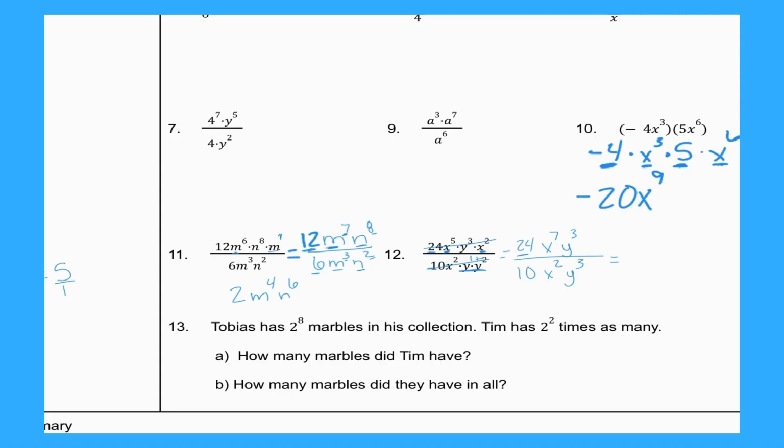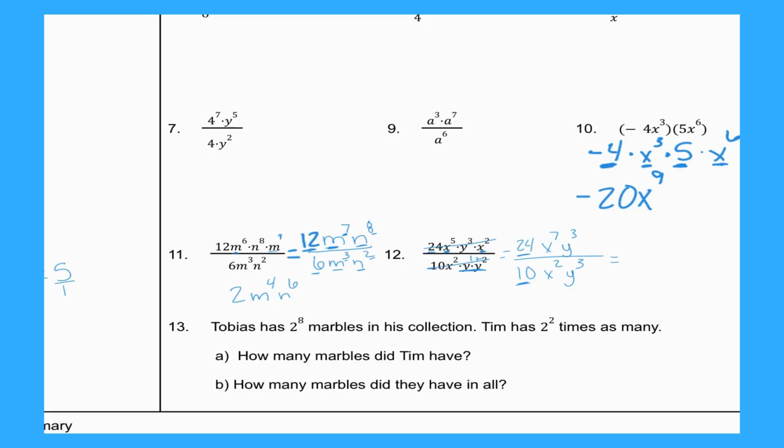So I have a base of 24 and I have a base of 10. They are not like bases, so I can't use exponent rules. Instead, I'm going to divide like normal. However, unlike 12 divided by 6 being exactly 2, I can't divide 24 by 10 evenly. I can't just get a decimal number because I don't ever want a decimal, I want a fraction.